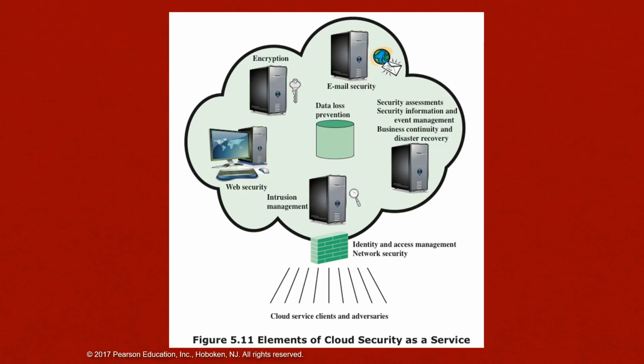Business continuity and disaster recovery comprise measures and mechanisms to ensure operational resiliency in the event of any service interruption. This is an area where the CSP, because of economies of scale, can offer obvious benefits to a cloud service client.